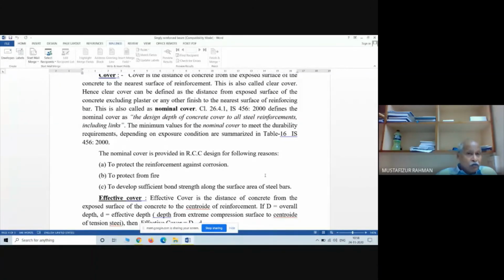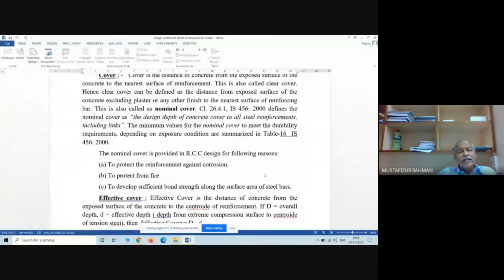But in our calculation, we will utilize the effective cover. At the beginning, when we had started the singly reinforced beam, we had obtained this effective depth. Effective depth is from the extreme compression surface to the centroid of the tensile steel. That is small d, and we have capital D, the overall depth.